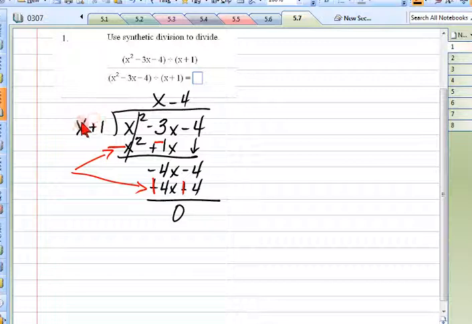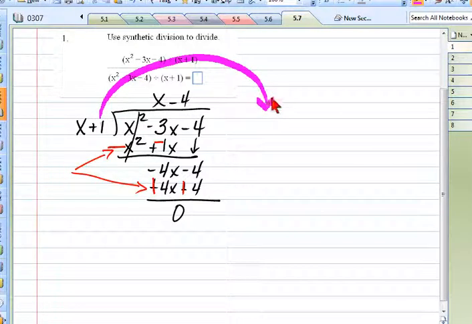They take the divisor and they say, you know what, I don't even think we need the x anymore. Let's just use this and let's change its sign. Okay, so we're going to take this and we're going to change its sign to negative 1. Believe me, this looks very weird at first. Very, very weird. That's the only time I have to change a sign.